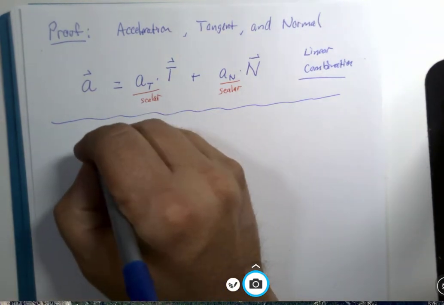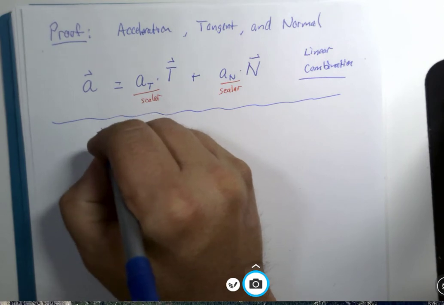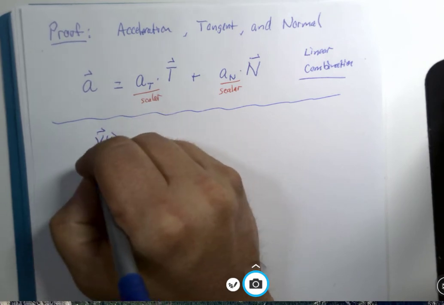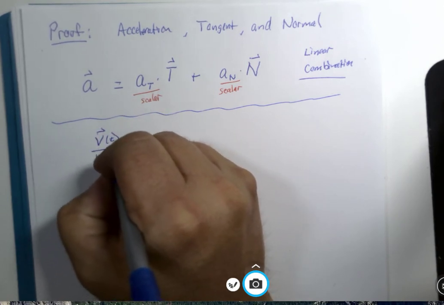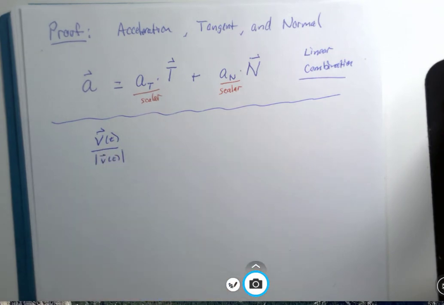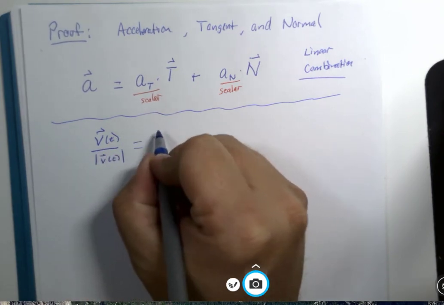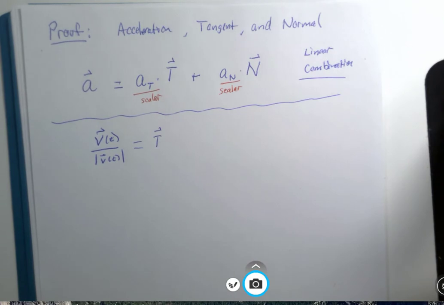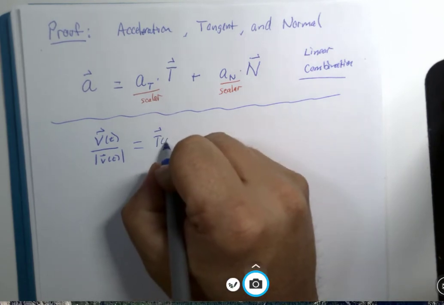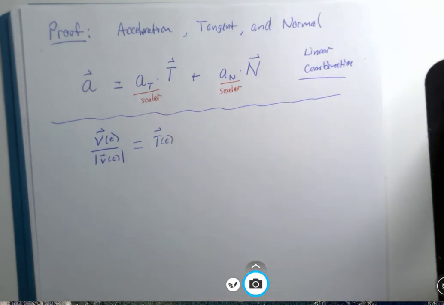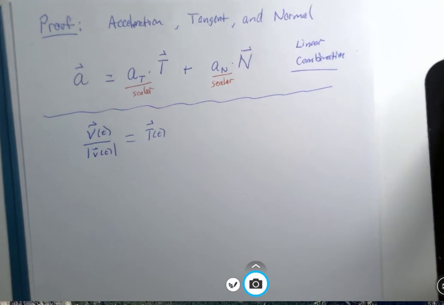So here we go. When we take the velocity vector and divide it by its magnitude, we get the unit tangent vector. That was its definition.